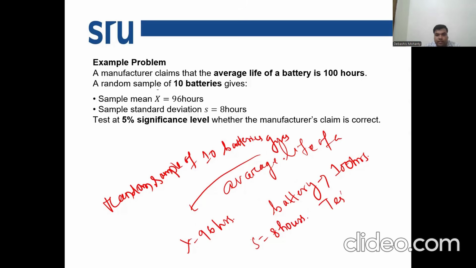The test is at 5% significance level. We have to test. Okay, students. So here the sample mean x bar is given as 96 hours, standard deviation s is 8 hours, and 10 batteries are given. Average life is 100 hours. So we have to test at 5% significance level. Right?